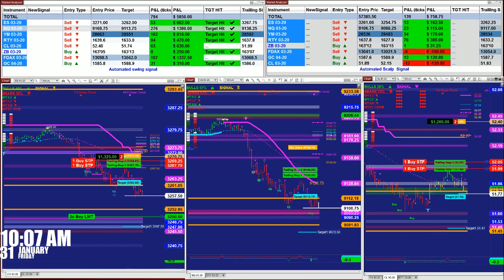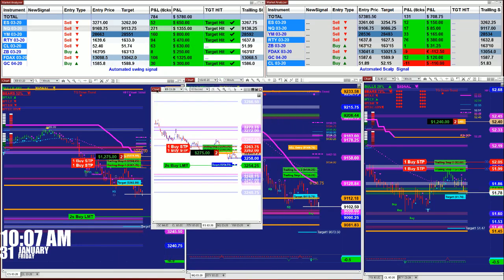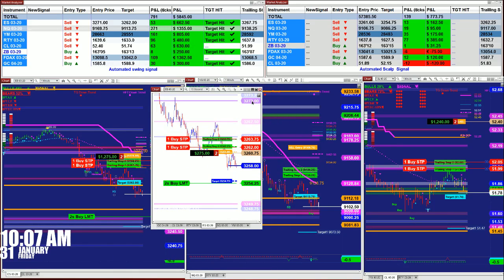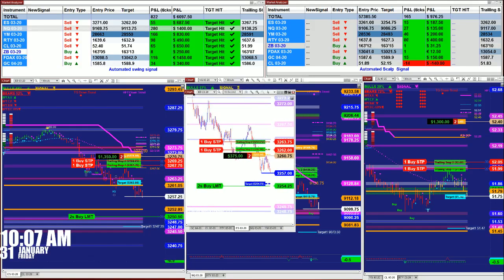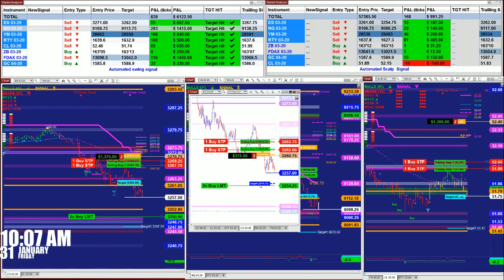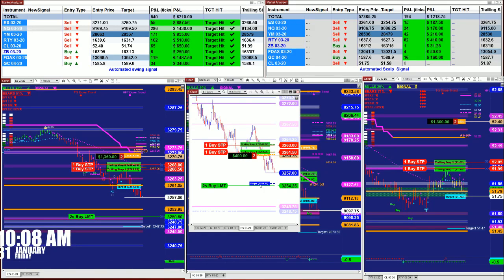On the scalper, we have the ES 300. It's going down to the 400, and it is 54.25. This is where the system estimated. Amazing. We'll see.